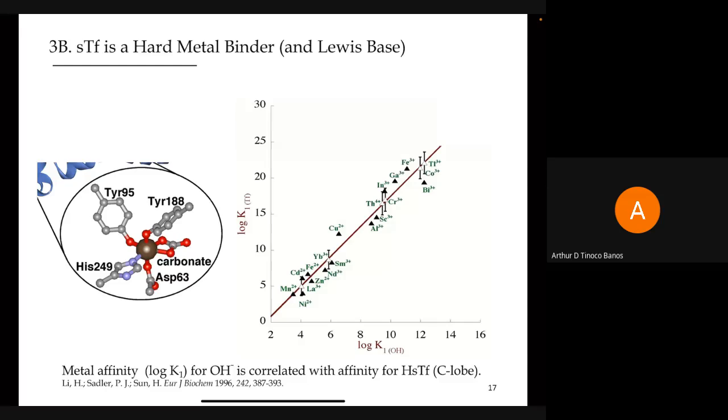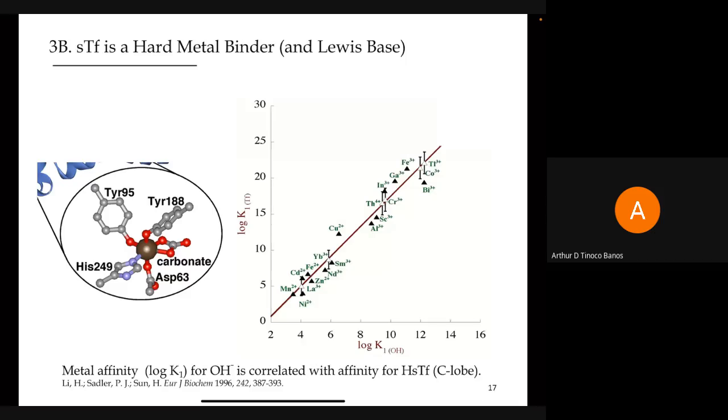All right, so in the 90s, there were efforts to try to understand the general metal binding capacity of this protein. In terms of the use of this protein, it is the main iron transporter, but it does have the capacity to bind other metals. In particular, it is a hard Lewis acid metal binder.